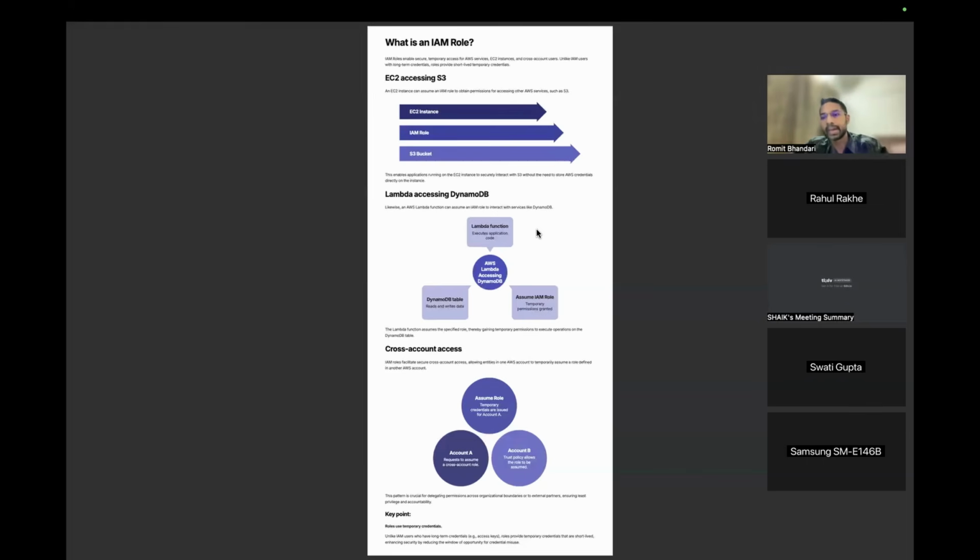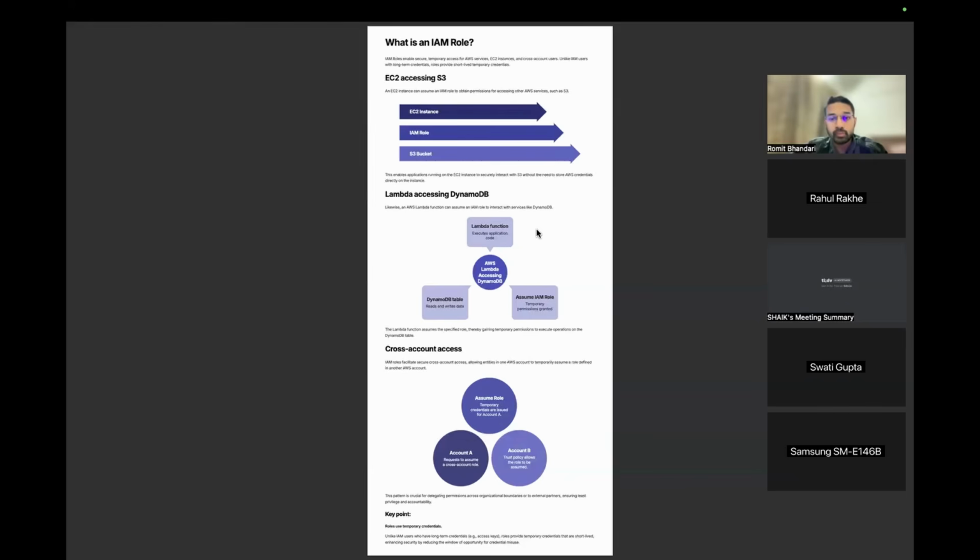And then Lambda accessing DynamoDB. Now what would happen in this scenario is Lambda again would need to have its execution role, which would need to have the permission to access DynamoDB. So it should have permission to assume the role, and then once that permission is there, that role needs to have permission to access the DynamoDB.